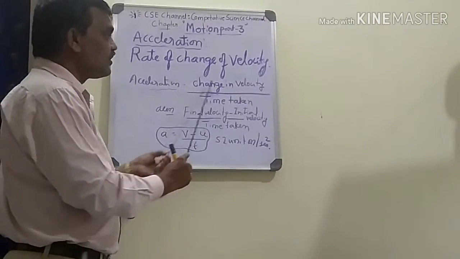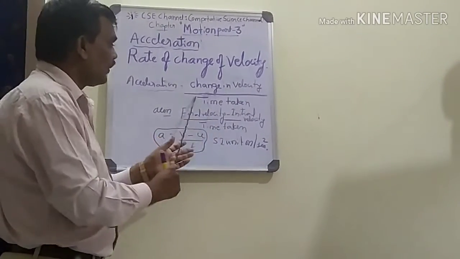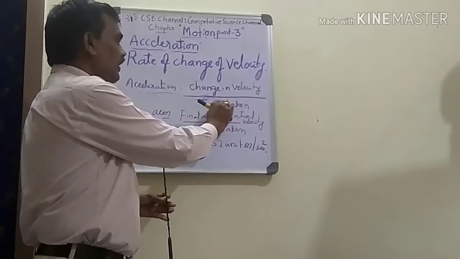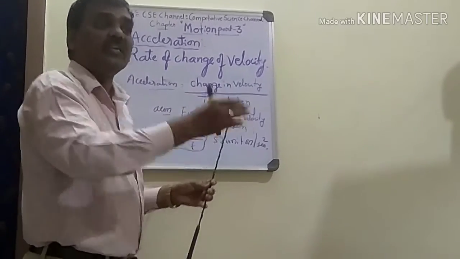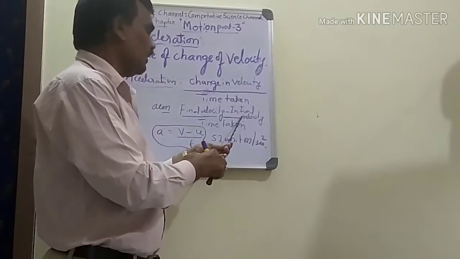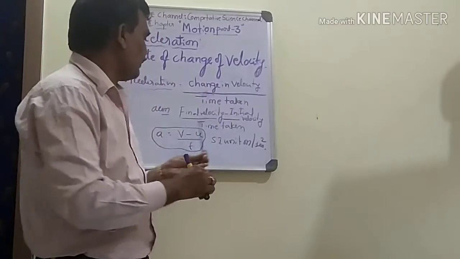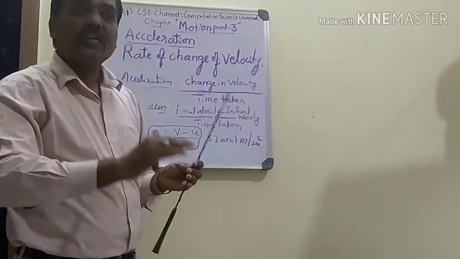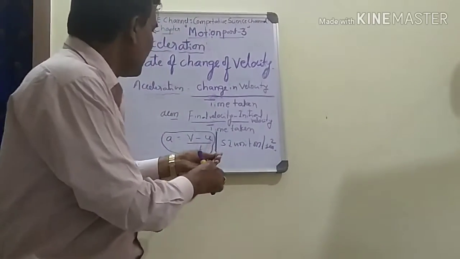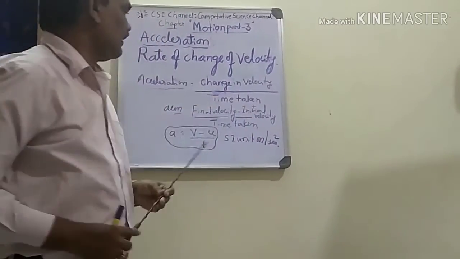Acceleration is equal to change in the velocity divided by time taken, meaning in a particular time, the velocity is changing from the beginning, called initial velocity, and at the end we call it final velocity. The difference between final velocity and initial velocity is called change in velocity.